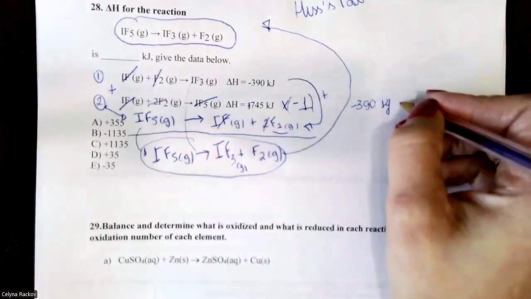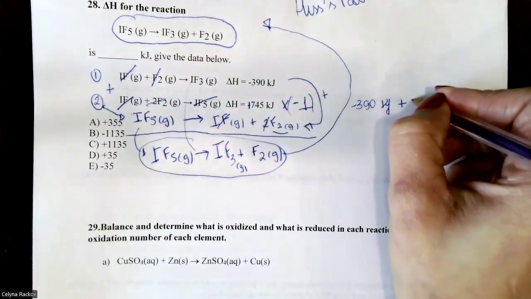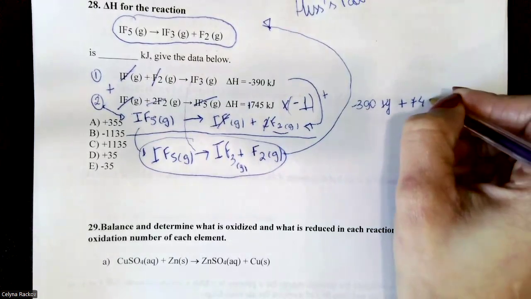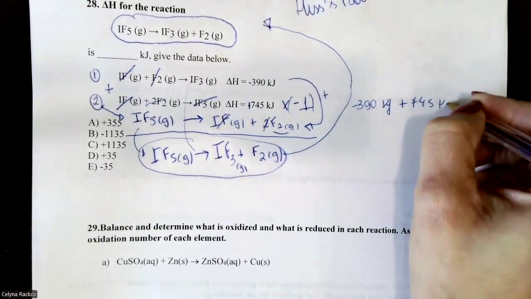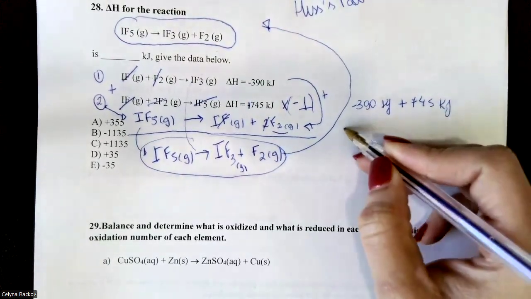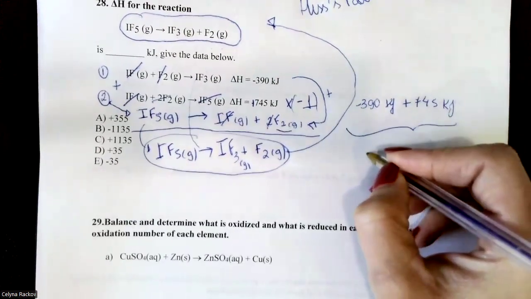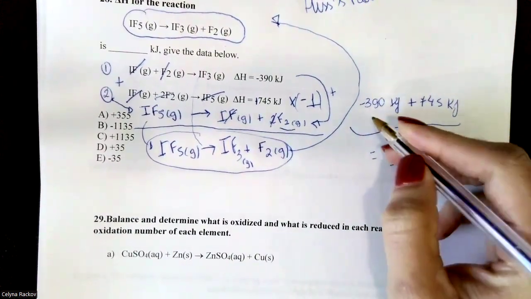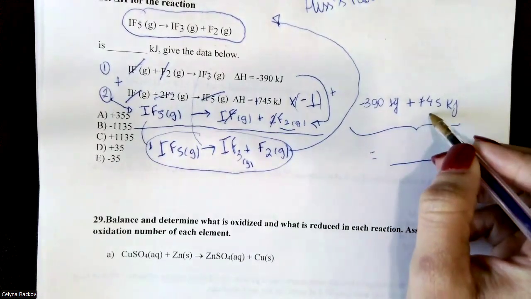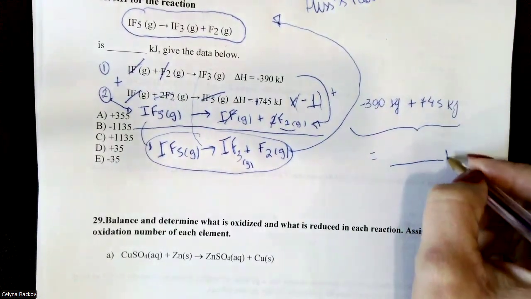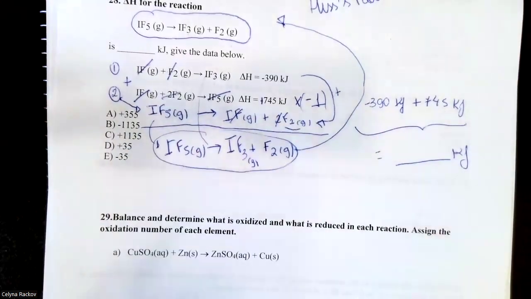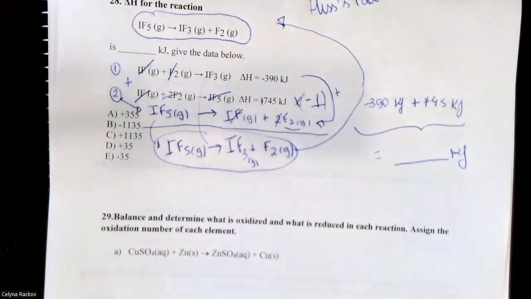So let's now take plus 745 kilojoules. Now you are going to do the math here: minus 390 plus 745, and then you can find your answer right here. All right, okay.